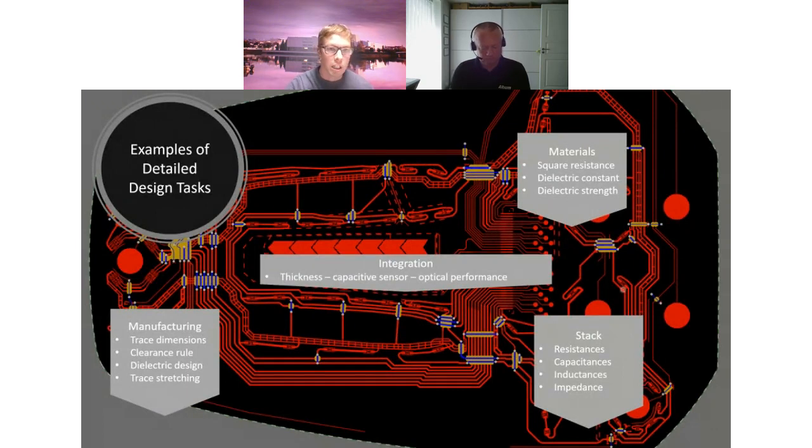The mechanical engineer has their own requirements for the thickness. Electrical engineers typically want to minimize the thickness to achieve the best performance for capacitive sensors, and optical engineers want a certain thickness for the best optical performance.